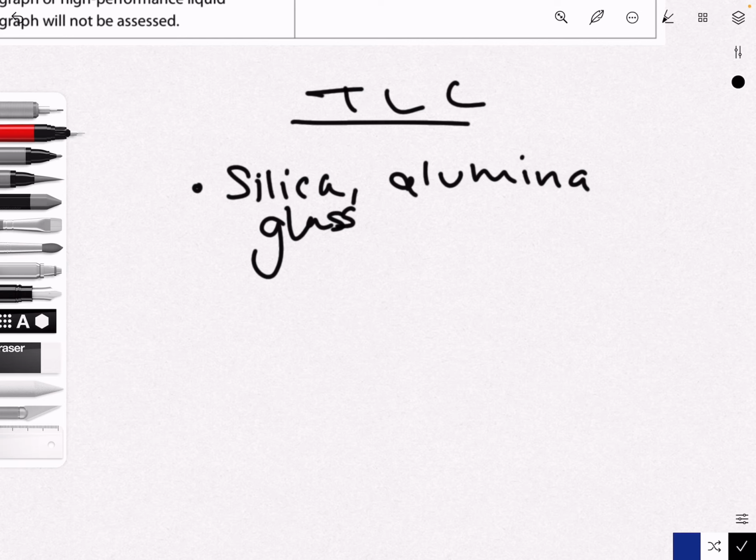Silica and alumina both contain hydroxyl groups to form the hydrogen bonds with components in the sample, and these components in the sample are absorbed onto the surface of the stationary phase. And just as in paper chromatography, depending on the strength of the intermolecular forces, the separated components will travel specific distances throughout the plate.